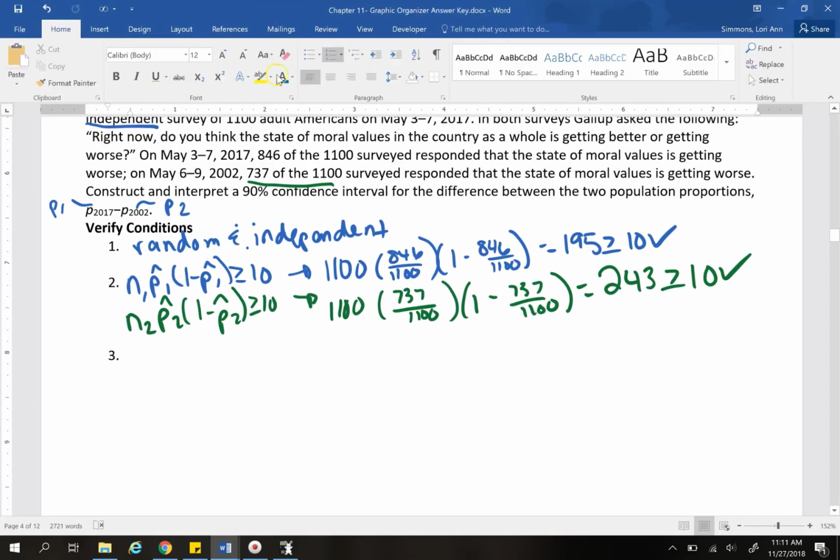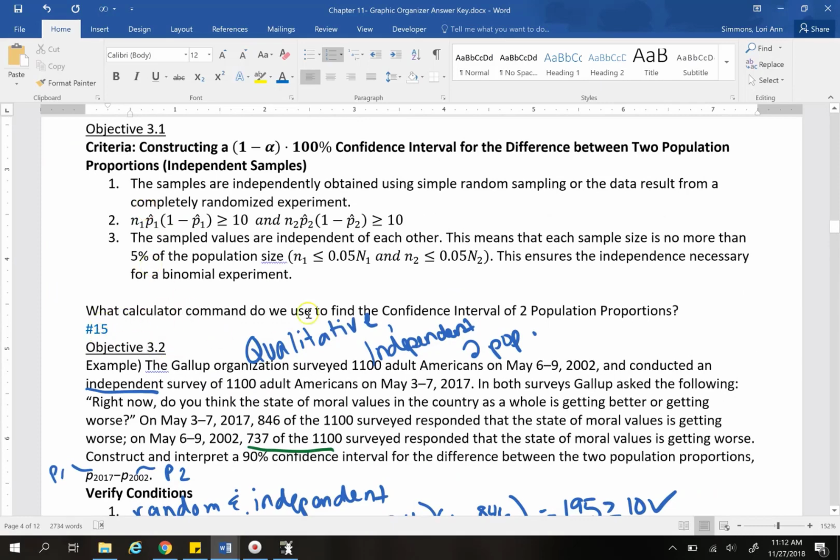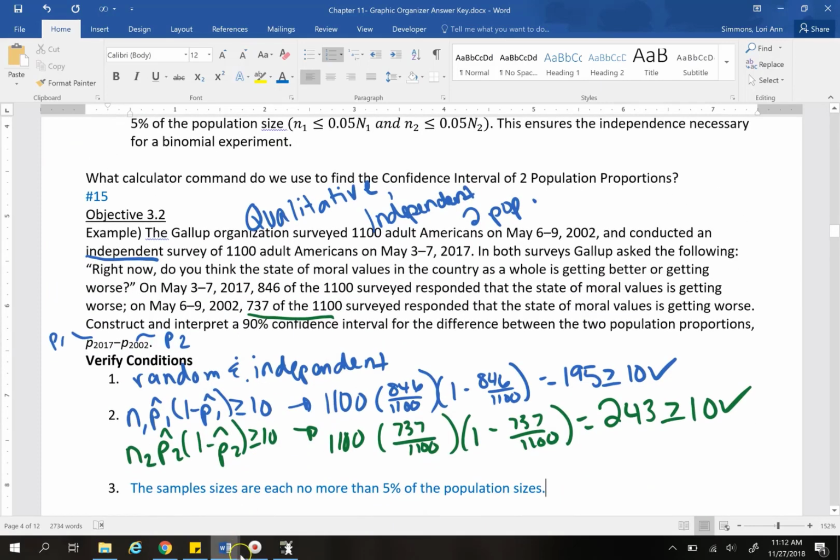And then we need to check that each sample is 5% of the population or less. That is true, so the sample sizes are each no more than 5% of the population sizes. We've verified the criteria. Now we can move on to the calculator command.